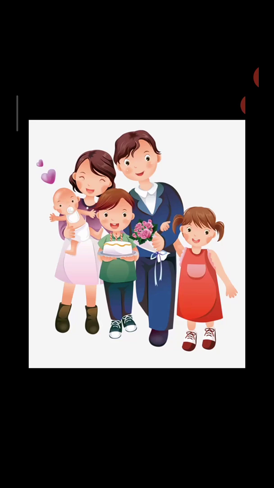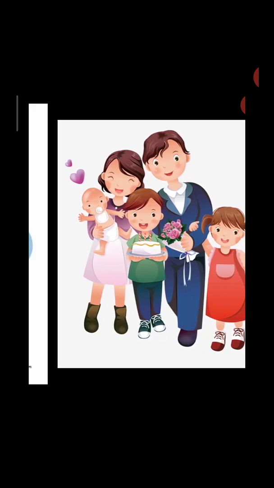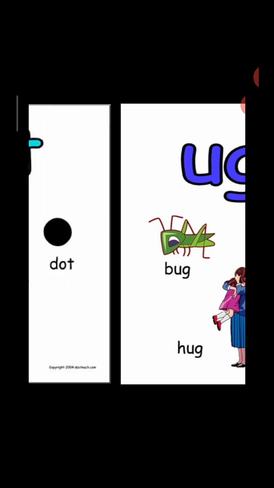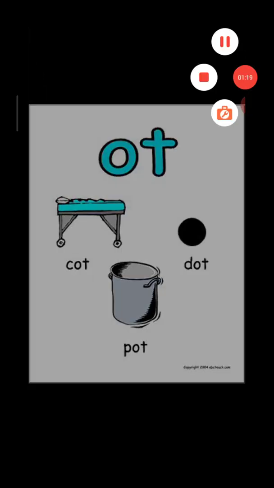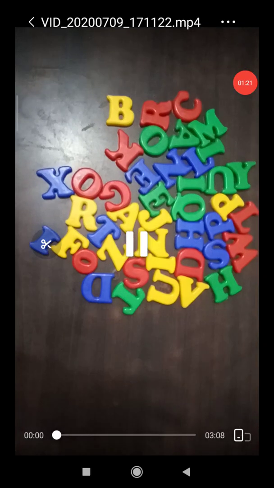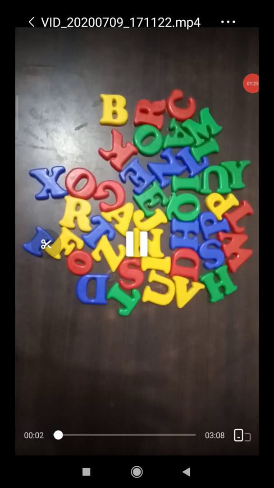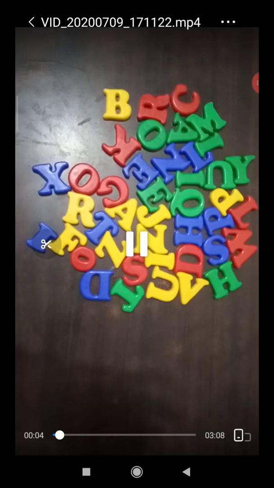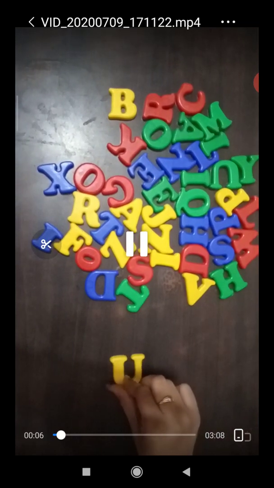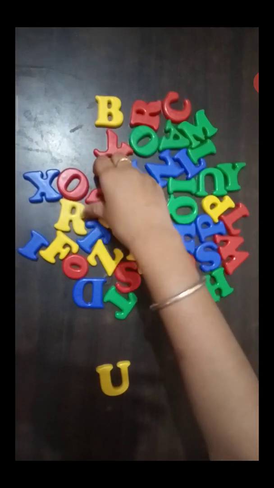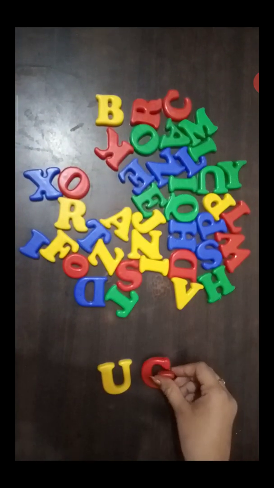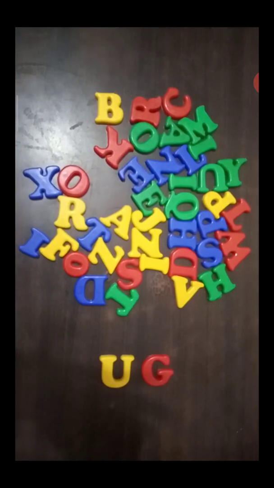Now students, today we will learn about UG family words and OT family words. Now let's start. Now students, we will make UG family words with the help of these magnetic blocks. UG, UG.